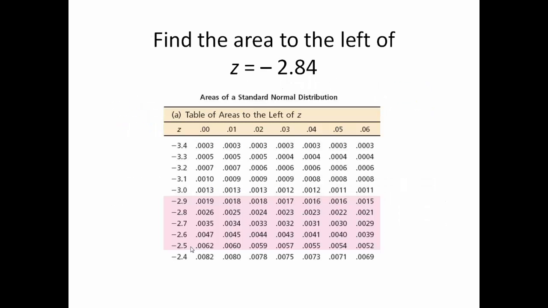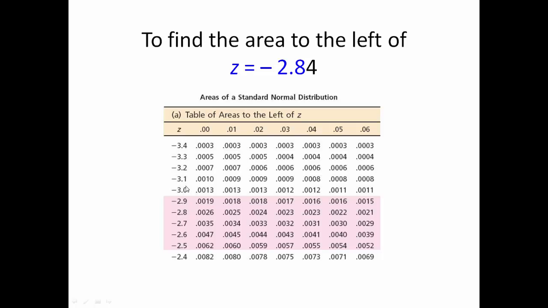Here is an example. In this example, I have a z value of negative 2.84. I note that I have a negative number, so I'm going to use the negative table. I'm going to find my unit value, which is negative 2, and my tenth value, which is 8, along my z column going down.